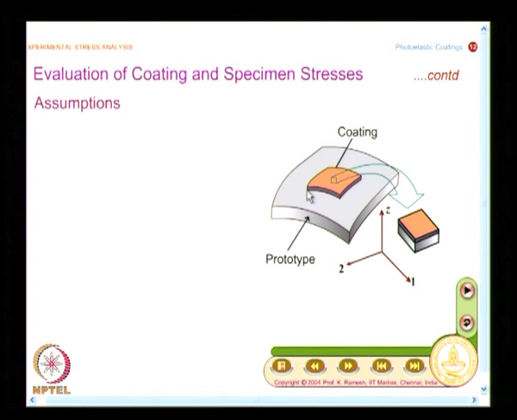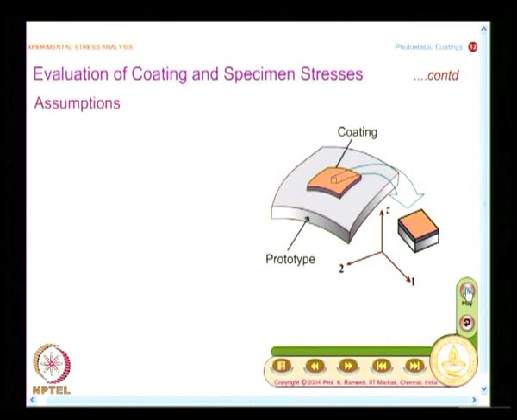And imagine this coating is large enough. This is not because it is a small place, it is a representation: I have a prototype of some thickness on which a coating is put, and I am looking at a small elemental area where I have a coating as well as the specimen.